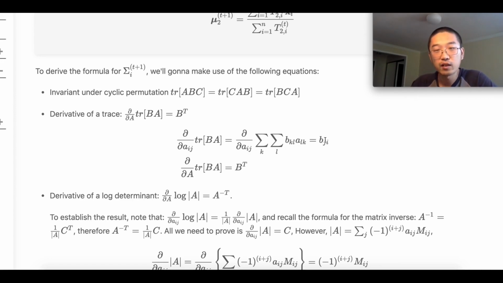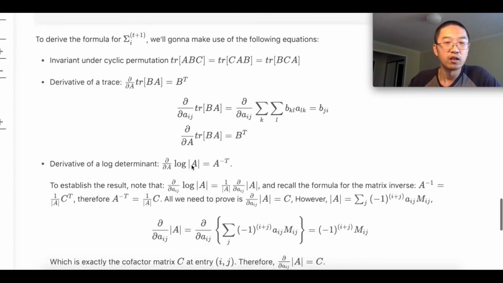So that becomes the term Bji, which is just the transpose of matrix B.